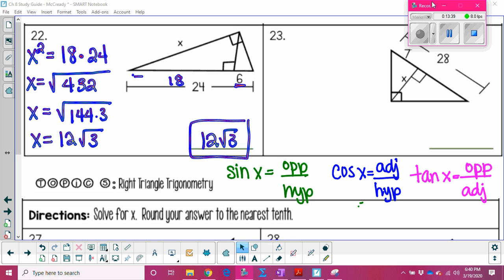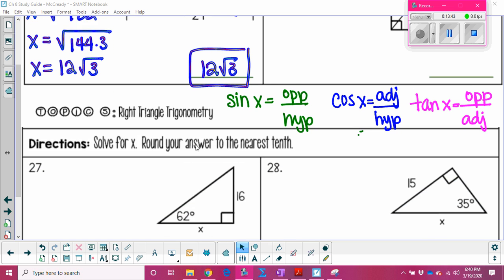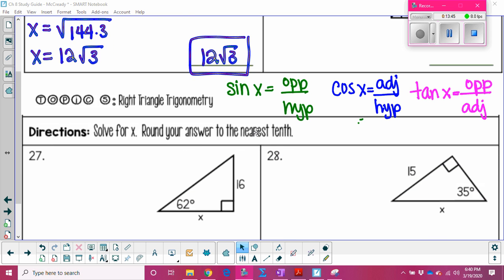So I'm going to skip down to number 27, where we have to solve for x and round our answer to the nearest tenth. Okay, so looking at this, I have angle 62 degrees right here. From this angle, what is the relationship to 16? It's not the hypotenuse, because the hypotenuse is across from the right angle. So it is the opposite side of angle 62 degrees, and x here is the adjacent side.